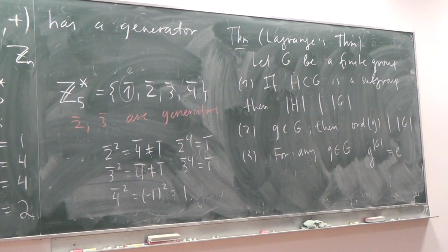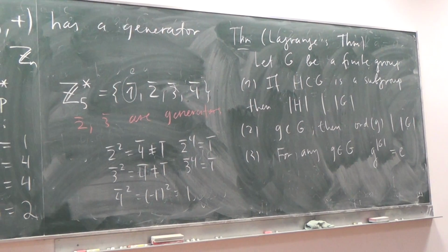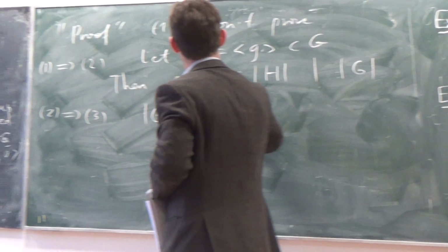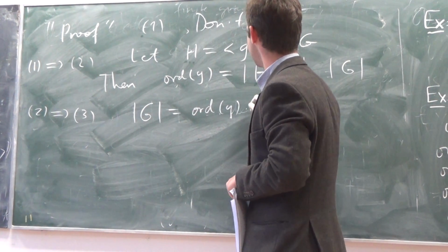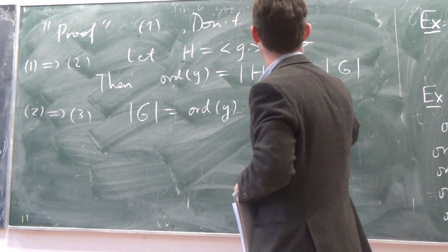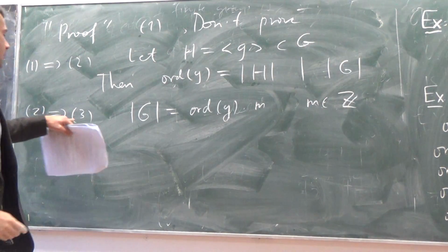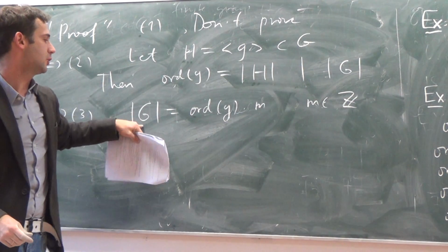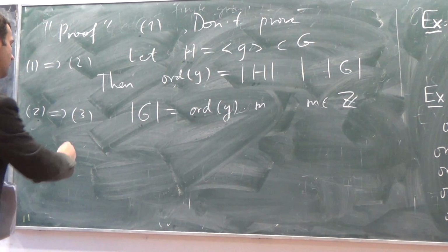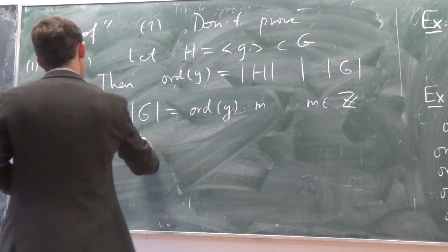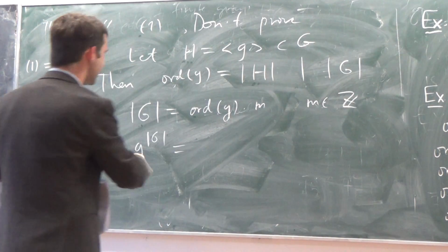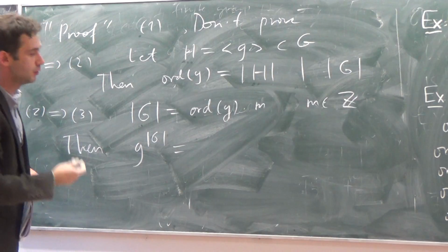And also 2 implies 3. So we know that the order divides the order of the group, so I have something like this for a positive integer m. Because this divides this, so I can just divide one by the other. So then, yeah, I just need to see how this is the neutral element.